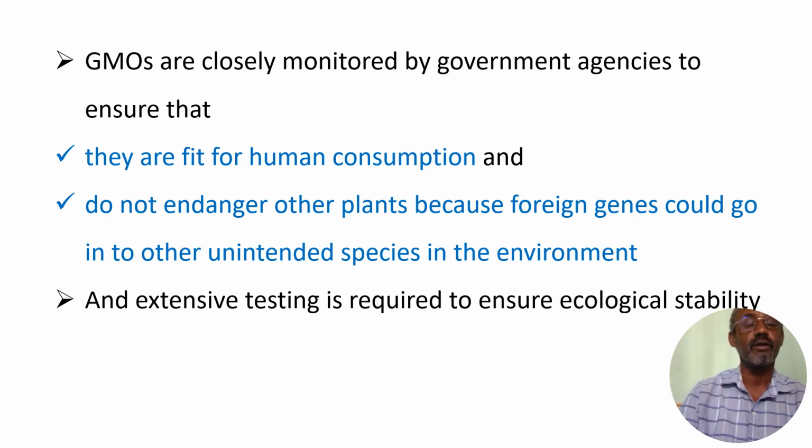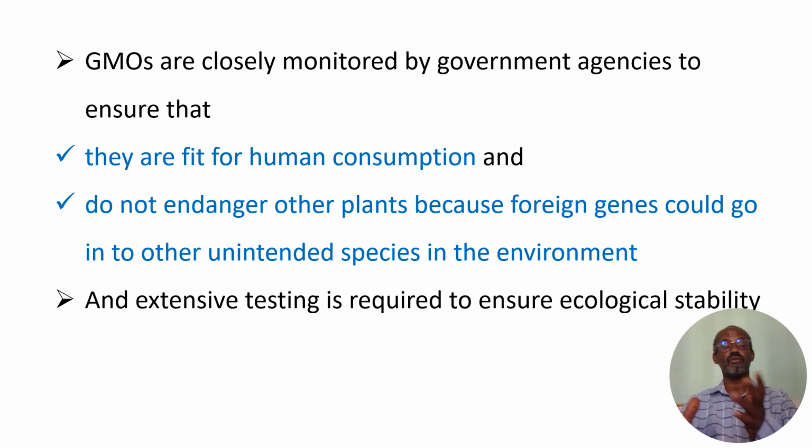Genetically modified organisms are closely monitored by government agencies to ensure that they are fit for human consumption and do not endanger other plants, because foreign genes could go into other unintended species in the environment, as I have told you, especially with transgenic plants. When genes from genetically modified plants pass to unwanted plants like weeds, extensive testing is therefore required to ensure ecological stability.